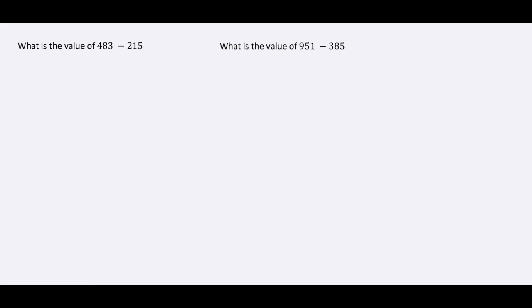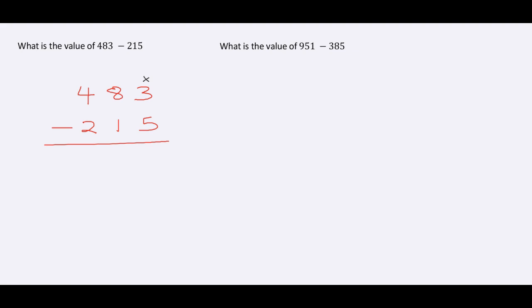So in our first example, we have 483 minus 215. So this is 483 minus 215. We're going to start from the rightmost column, which is this column up here. So we have 3 minus 5.